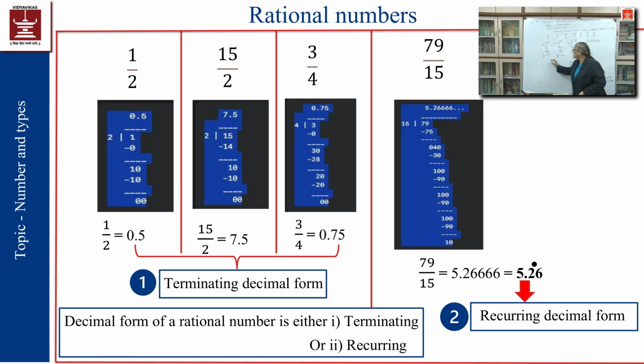So all these are terminating decimal forms of the rational numbers that we have taken.